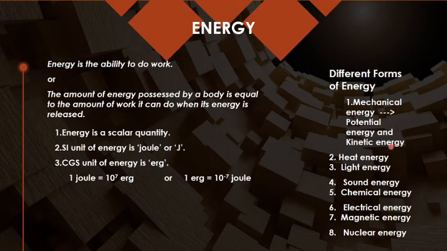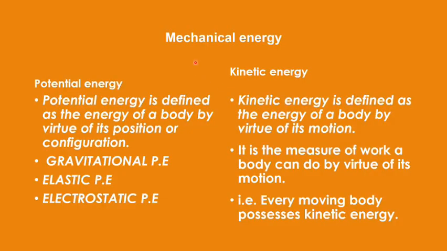Except for this you can have other forms of energy also, like heat energy, light energy, sound energy, chemical energy, and so on. You can name a number of energies. But we have to basically focus on mechanical energy according to your syllabus. So when dealing with mechanical energy, I have to deal with potential energy and kinetic energy separately.